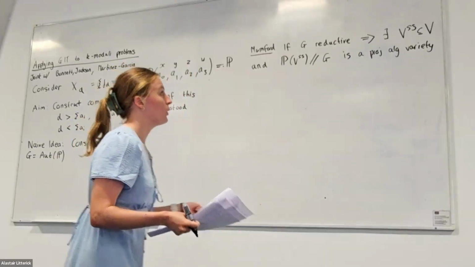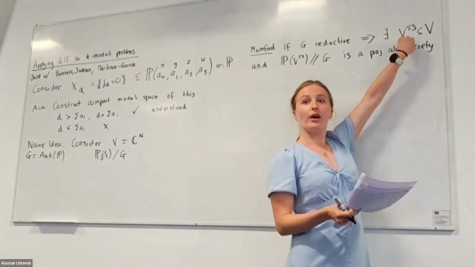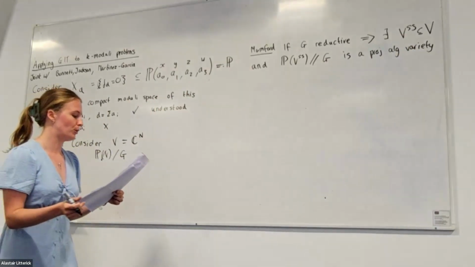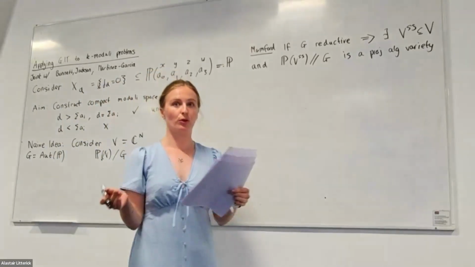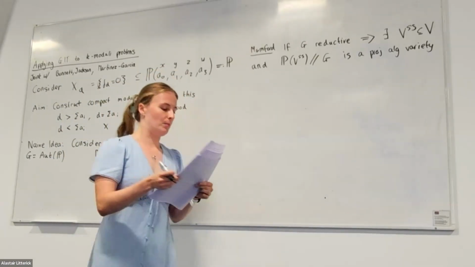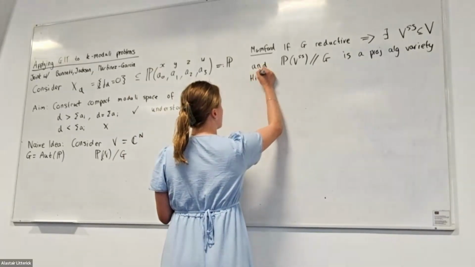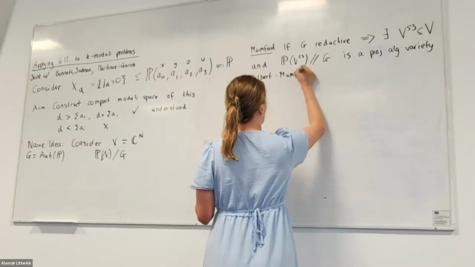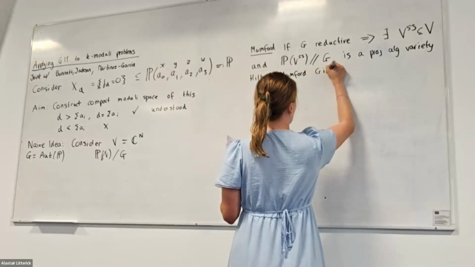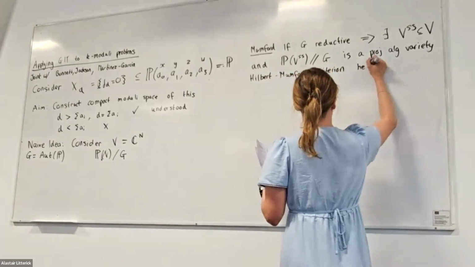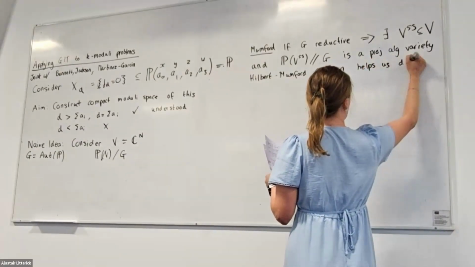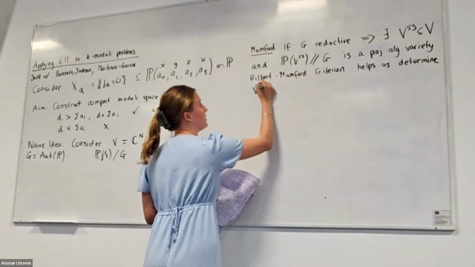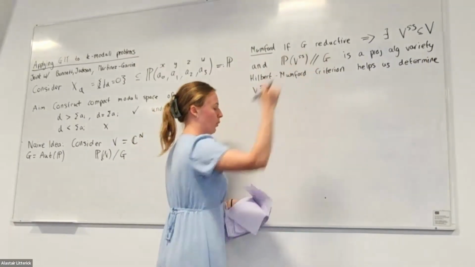And then how do we determine what the semi-stable points are, or the stable points? We turn to the Hilbert-Mumford criterion, which helps us determine our semi-stable or our stable points.